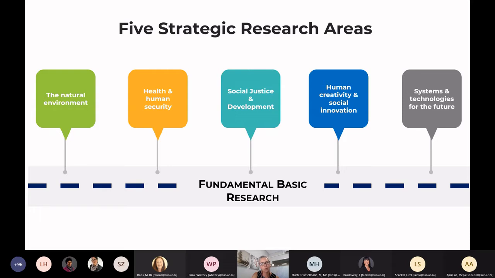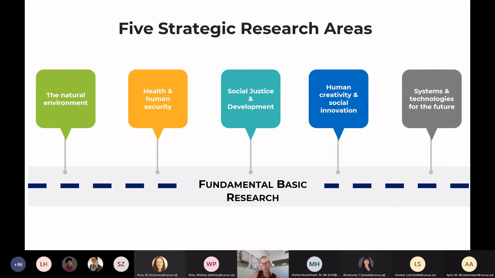So the 5 areas that you see in front of you: the natural environment, health and human security, social justice and development, human creativity and social innovation, systems and technologies for the future, are really devised to put umbrellas over groups of research entities and individual researchers who work in these very, very broad areas.